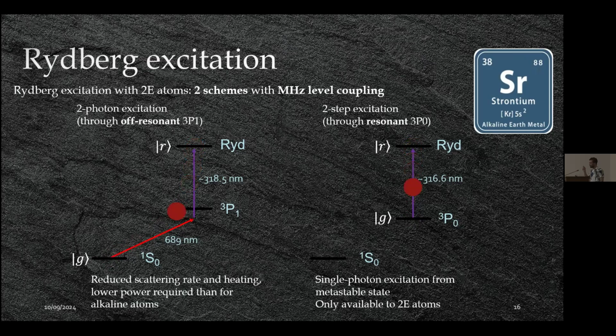But the point is, first, it's a key feature of alkaline earth atoms, so it's going to be something special to do. And after this evolution and study, if I want to understand what has happened, I still need to make an imaging on the blue transition. That means that I have to bring the atom back to 1S0.